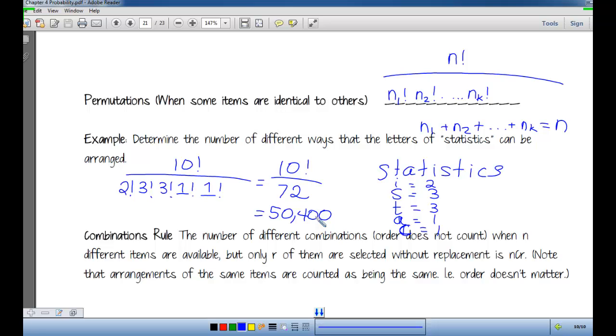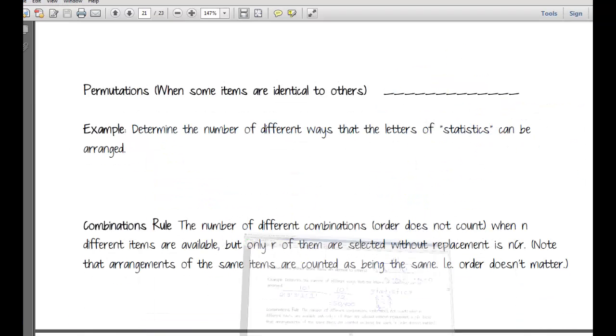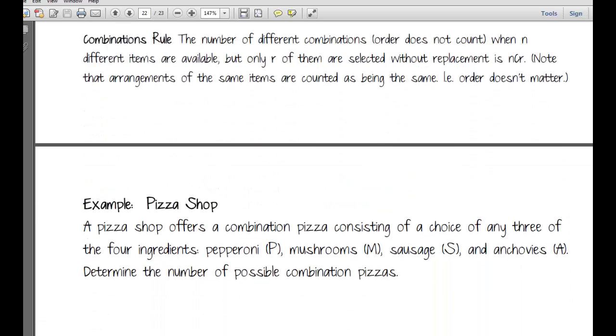All right, the last rule is the combination rule. It's very similar to the permutation rule, except order does not matter. When we listed all of those A, B, C's earlier, and we came up with 6 different permutations, that would just be one combination, because how you list it doesn't matter with the combination.